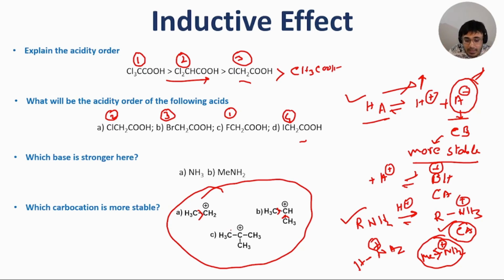And when there are three methyl groups, they will tell, why are you so anxious, we three are there, we are giving some money, and it will be effective enough to stabilize you, or to reduce your poverty. So stability will increase with plus I effect. Now you can order it. This is the most stable, this is the medium stable, and this is the least stable. Got the point? This is how the inductive effect will help us to explain these questions.